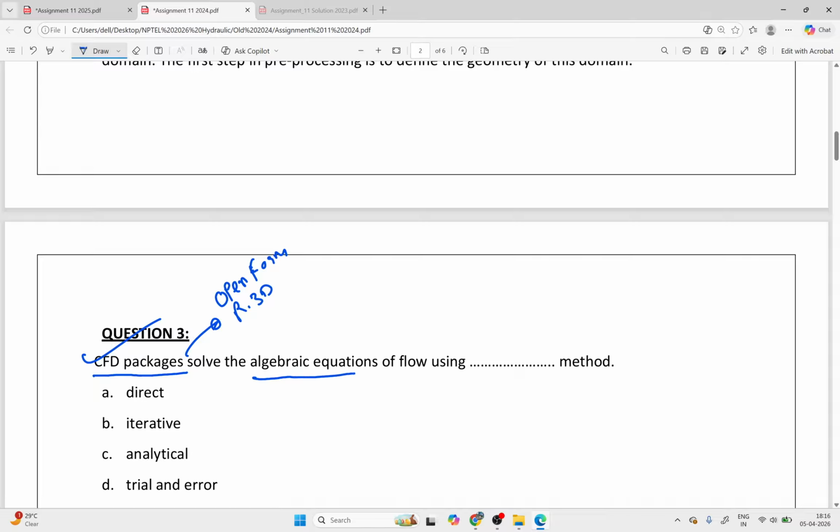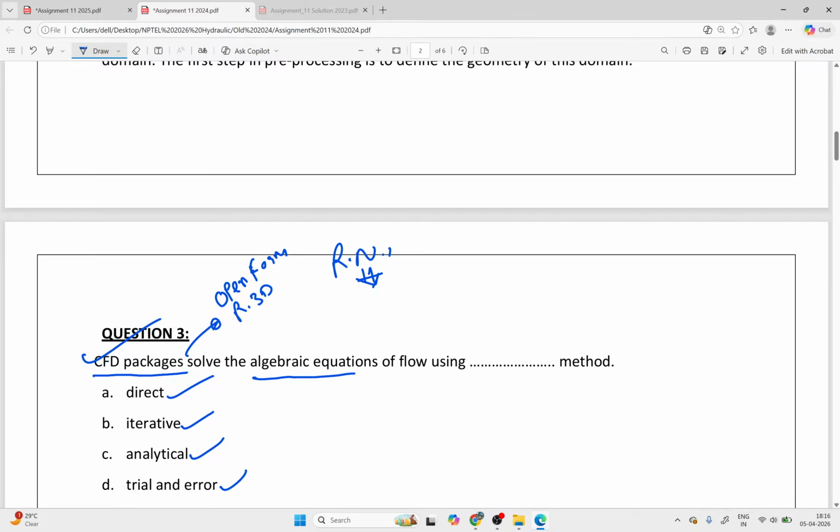You need to convert your RANS, which are partial differential equations, into algebraic equations using finite difference, finite element, or finite volume. I think you can connect it now. So the CFD package solves the algebraic equations of flow using direct method, iterative method, analytical method, or trial and error method.